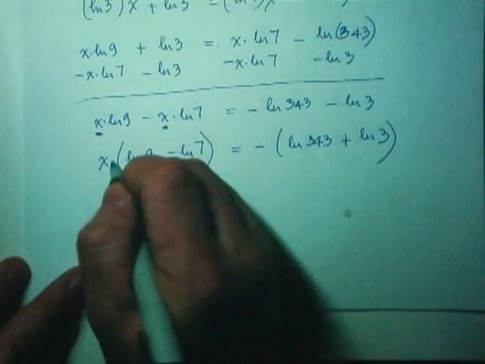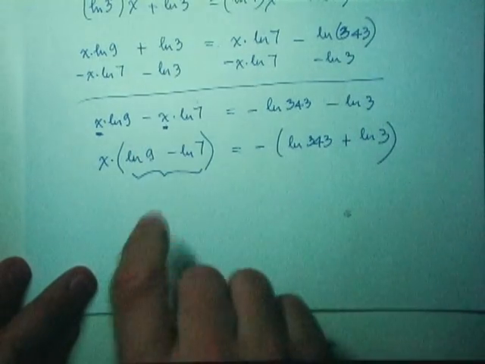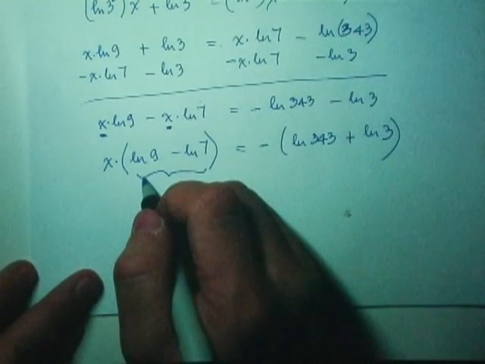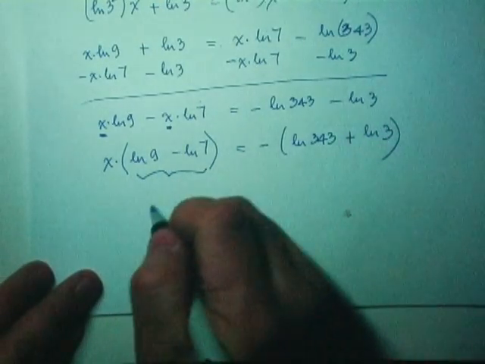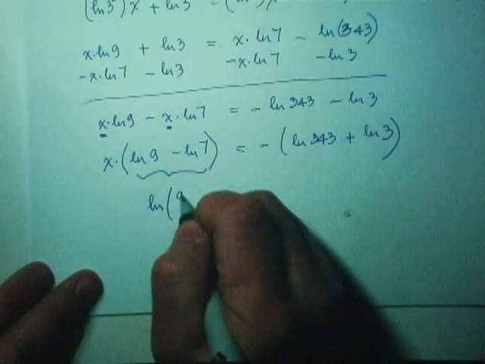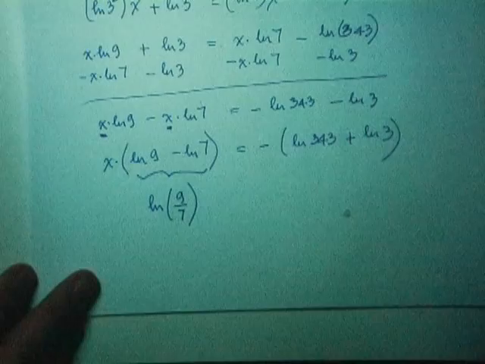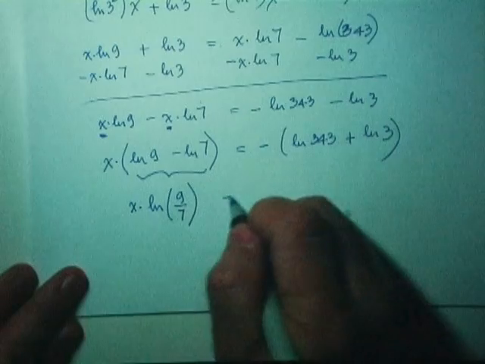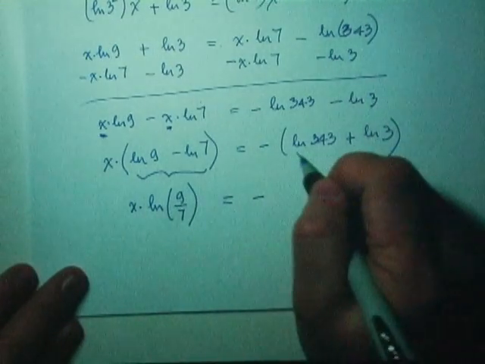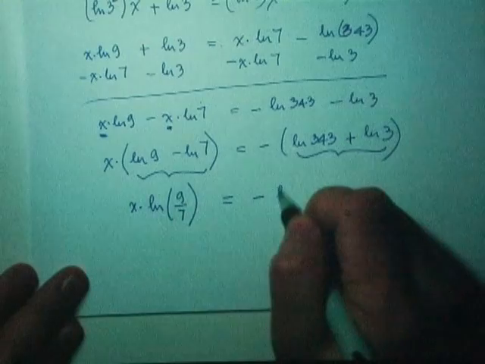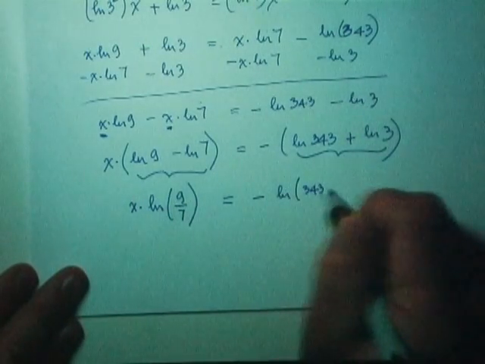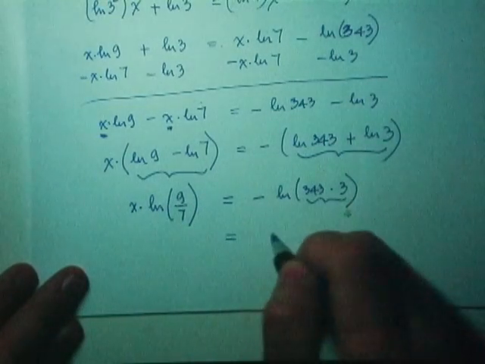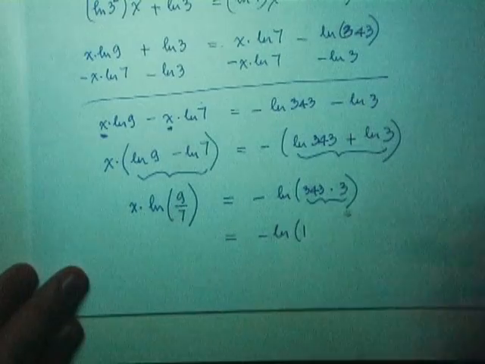Now, on the left-hand side, once again, go back to the left-hand side. What I can see here is, according to rule number 2 on your log review that I handed out the other day, you can go natural log of 9 over 7 according to the quotient rule for log. And then what you can do is multiply with x in front, and then equals minus sign, and then in my parentheses here on the right-hand side, I can do natural log of 343 times 3, which in the end will give you a minus natural log of 1029.